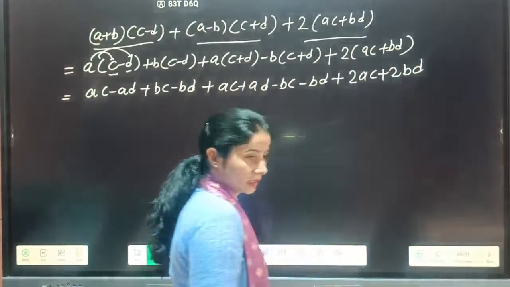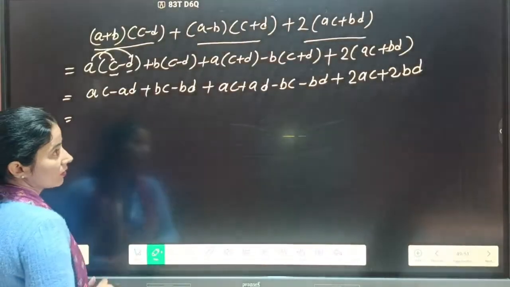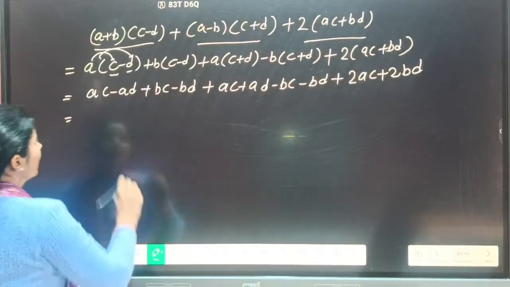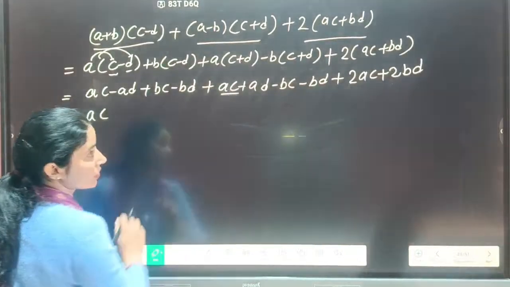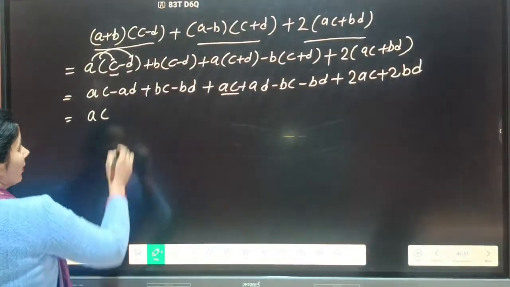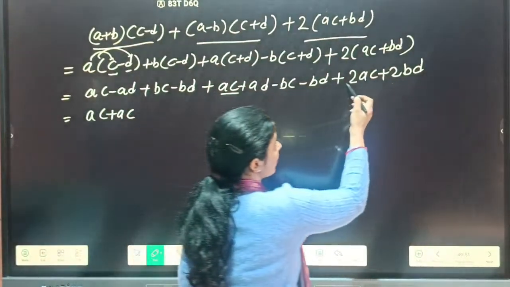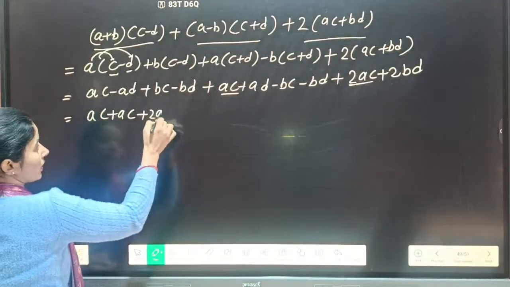Now let us simplify. We can write like terms together. So this ac, try to find any other term which contains ac. Except this, the next term is plus 2ac. You will write plus 2ac.